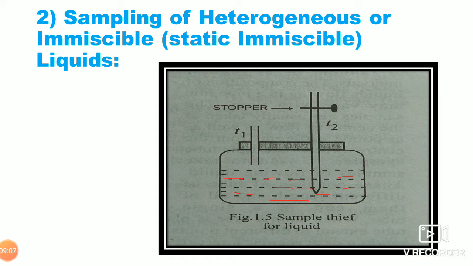But due to the heterogeneous nature, the liquid consists of two or more layers. The T1 tube is the same and the T2 tube is the same with stopcock. Same apparatus, but our liquid is different, consisting of two or more layers. Now we will see the procedure of sampling heterogeneous liquids.